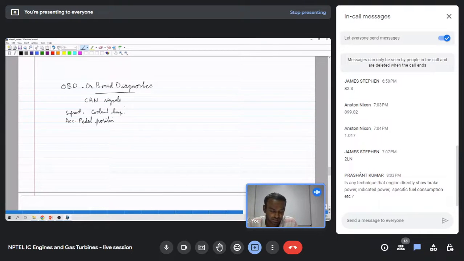These signals are sent through CAN to the OBD device. If you have an OBD receiver, then live you can see what the engine speed is, what the pedal position is, and sometimes there will be something called load percent, which is proportional to torque, and so on.